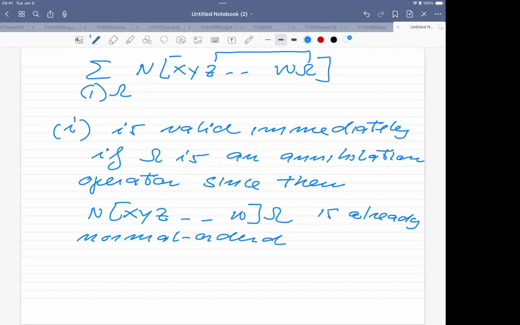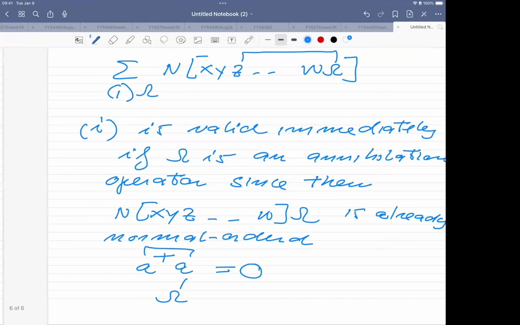And if I construct a contraction, A dagger A, so we are now saying that omega is an annihilation operator, any of the contractions like that are going to be automatically zero. So if omega is an annihilation operator, this is immediately satisfied.